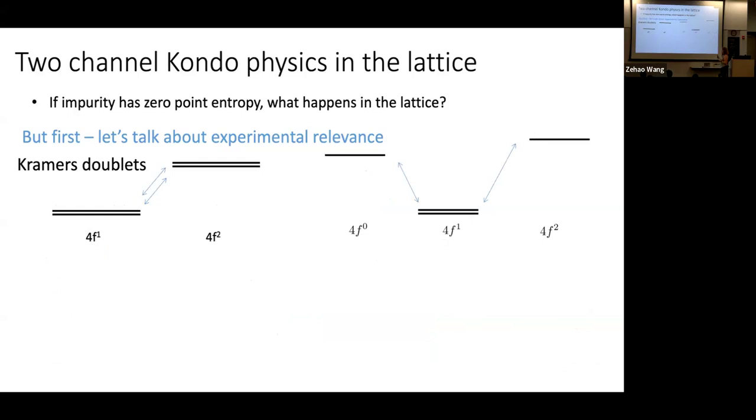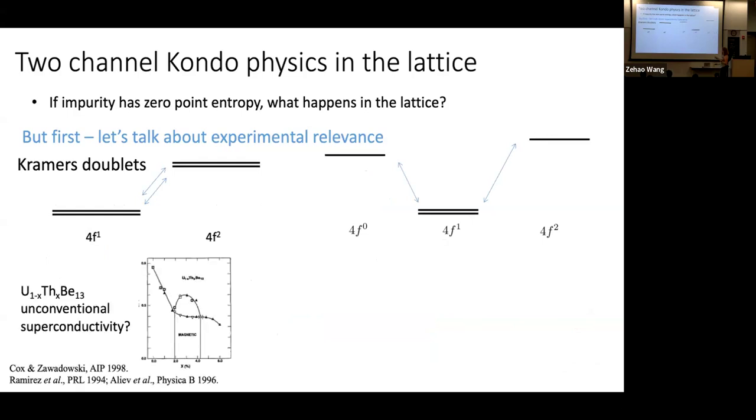This was proposed by Dan Cox to explain UBe13's unconventional superconductivity, and possibly you're tuning the relative valence as you do thorium doping, and there's a superconducting dome.